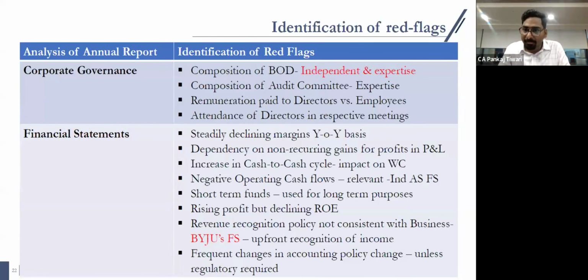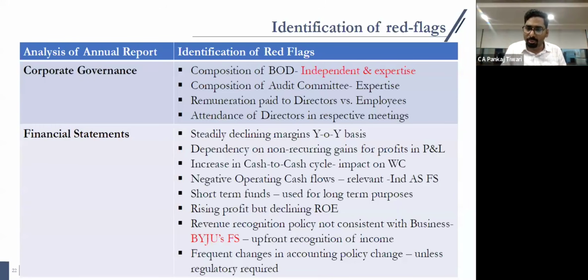Another way the financial statements are tweaked, or so to say managed, is changes in the accounting policy. Let's suppose I have some issue with respect to my profitability number, can I change some policy? Can I change my inventory policy? Can I change my revenue recognition policy? Can I change my depreciation method? How I'm amortizing?